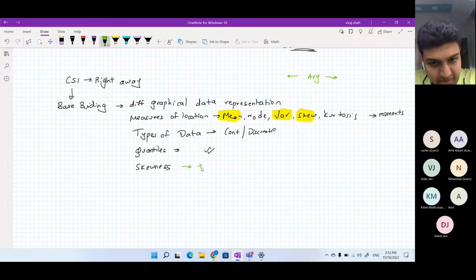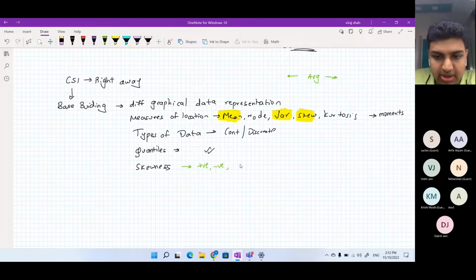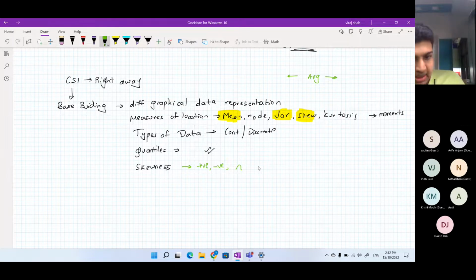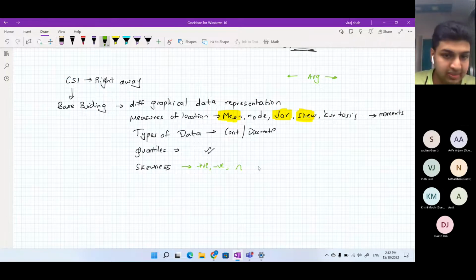Well, we'll be learning positive skewness, negative skewness, and your normal skewness, which is nothing but your bell-shaped curve. So we'll be learning that. This is just again base building only. Okay.